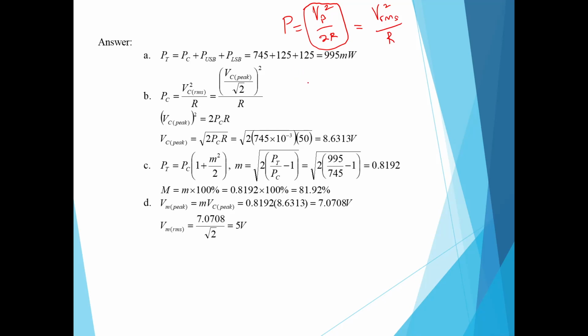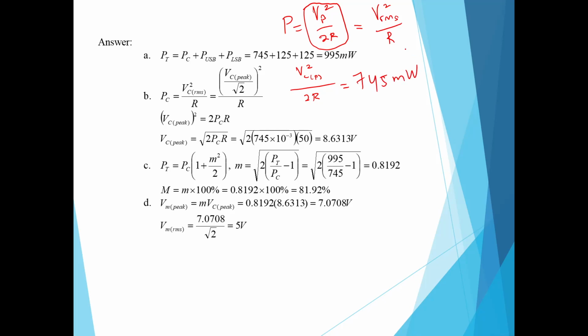Okay, so that means Vc peak square, divided by 2R, is equal to the carrier power, which is 745 milliwatt.